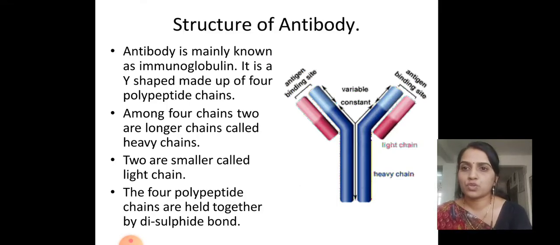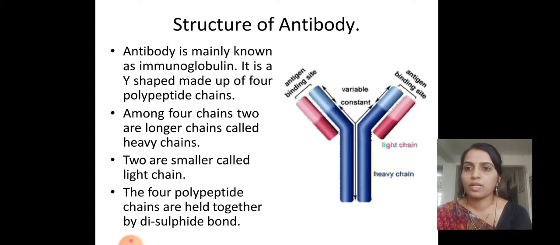Among the 4 chains, 2 are the longer chains called heavy chains, which are shown with a blue rod like structure. Then 2 are smaller, called light chains, which are shown in the diagram in a faint red color and dark red color.